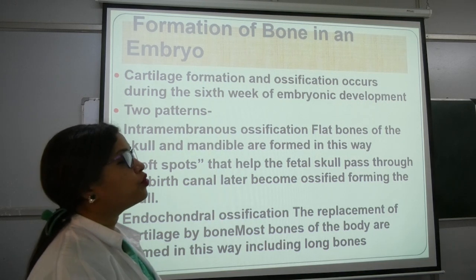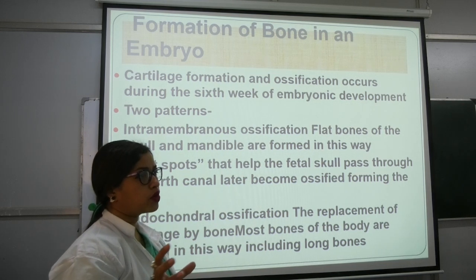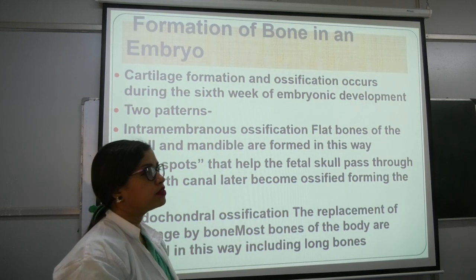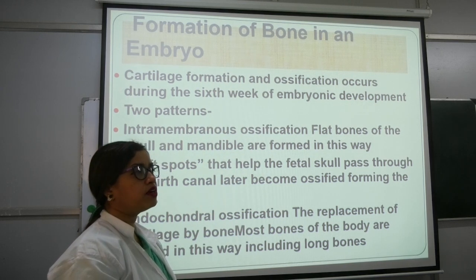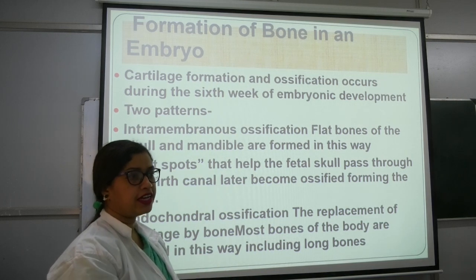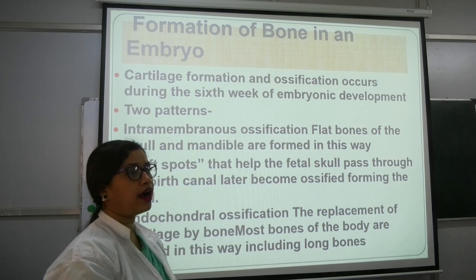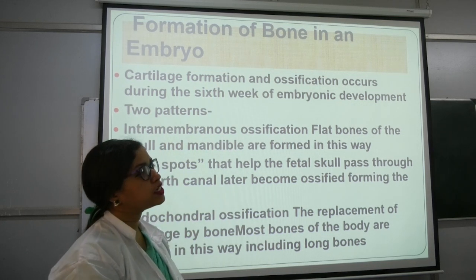So you could see in the fetus there are so many soft spots in the skull. Have you seen any newborn? The head has two soft spots in the skull. It is not completely hard. These are known as fontanelles. Why are they present?